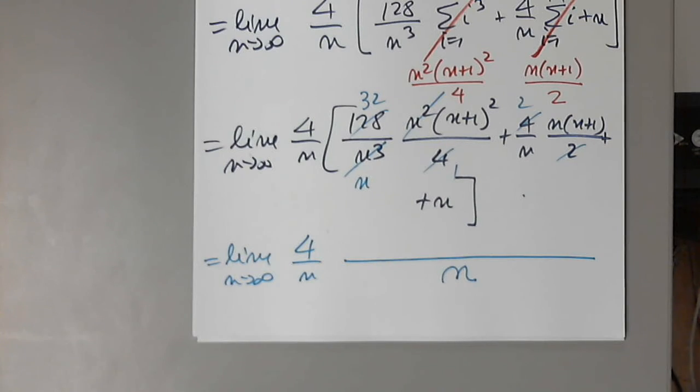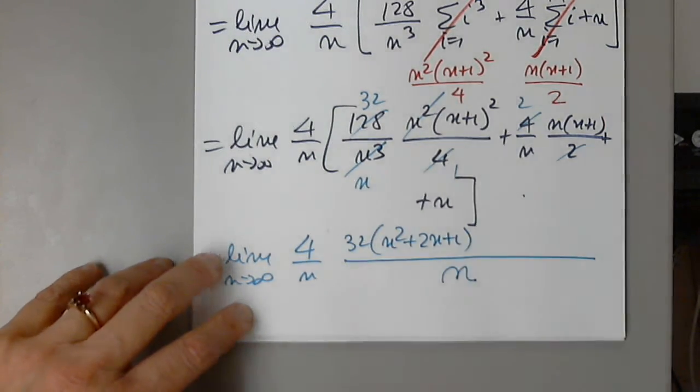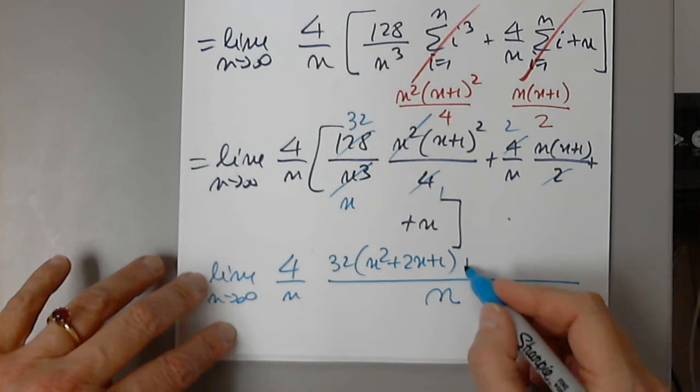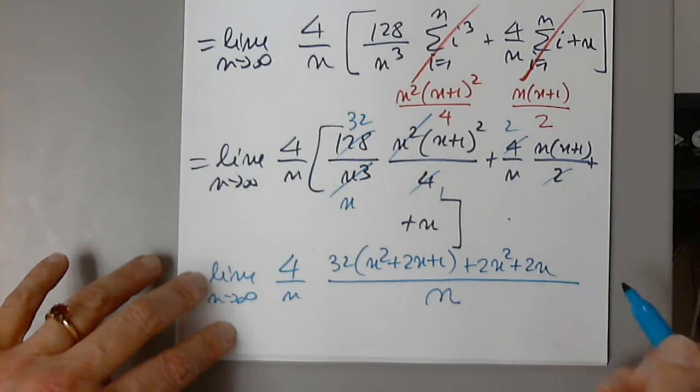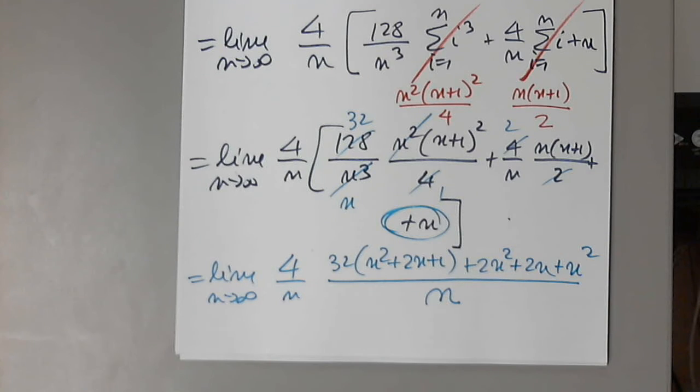So 32, n squared plus 2n plus 1. I have 2n to distribute to n plus 1, 2n squared plus 2n. And I have to multiply this by n because it has the denominator 1. The 2n has to be distributed to n plus 1, and this one needs to be multiplied by n because it's n squared over n.